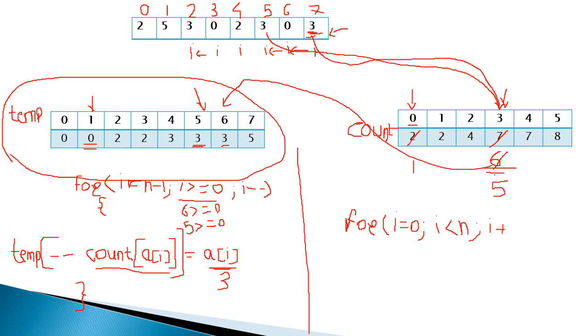After that, copy the temporary array elements into our original array. That's why here A of I is equal to temp of I. Temp of I means the ith element of temp will be stored into A of I. Our A of I will be overwritten. Okay.